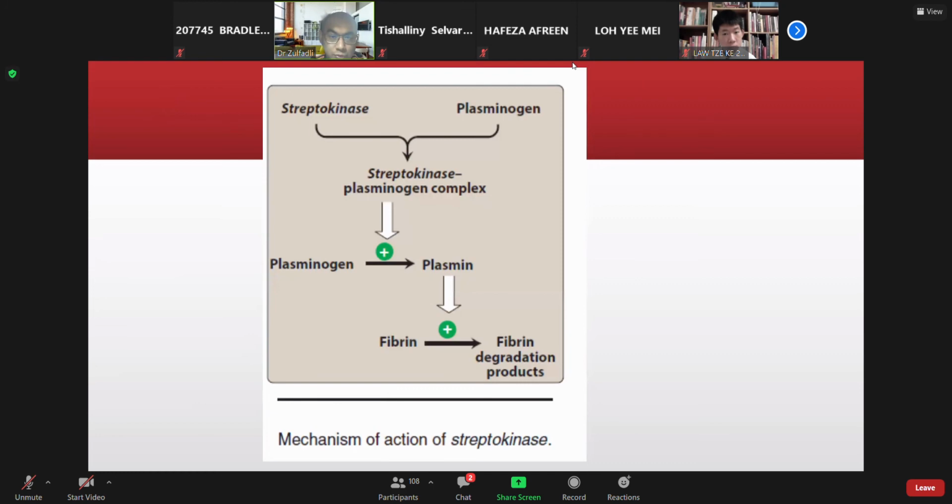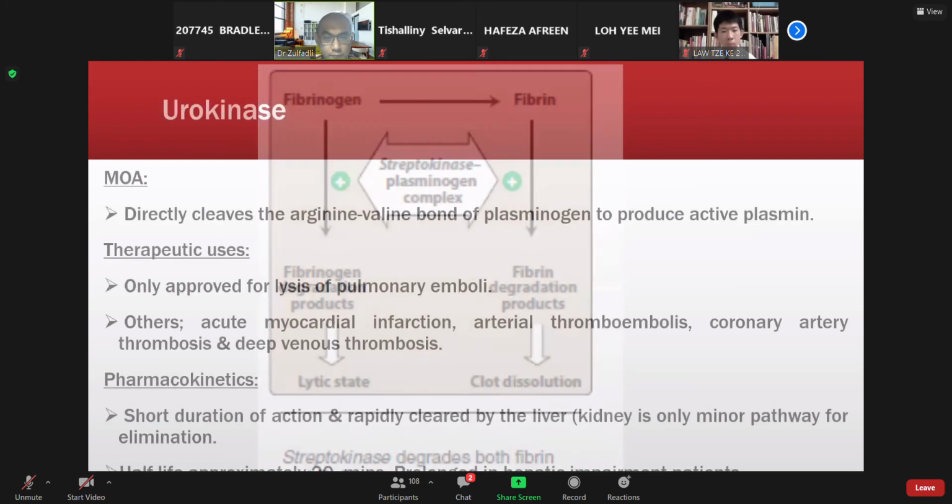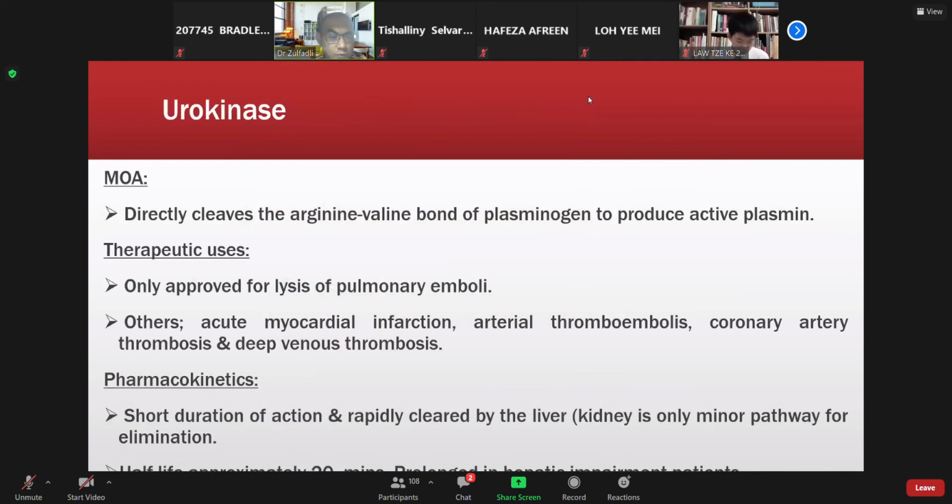So this diagram shows you the mechanism of action of streptokinase. Streptokinase binds to the plasminogen to form the plasminogen complex and converts it into plasmin, and then activates the fibrinolysis. Urokinase directly cleaves the arginine-valine bond of plasminogen to produce active plasmin.